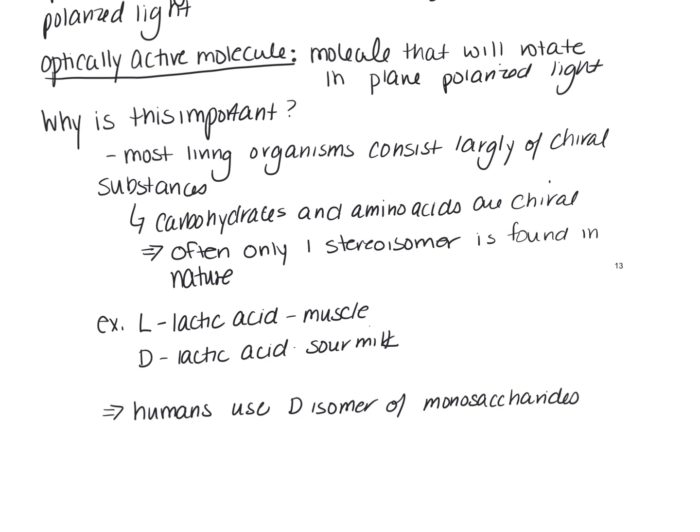But they are unable to metabolize the L isomer. D-glucose, for example, tastes really sweet and is nutritious and is a really important part of our diet, but the L isomer is completely tasteless and our body can't use it.